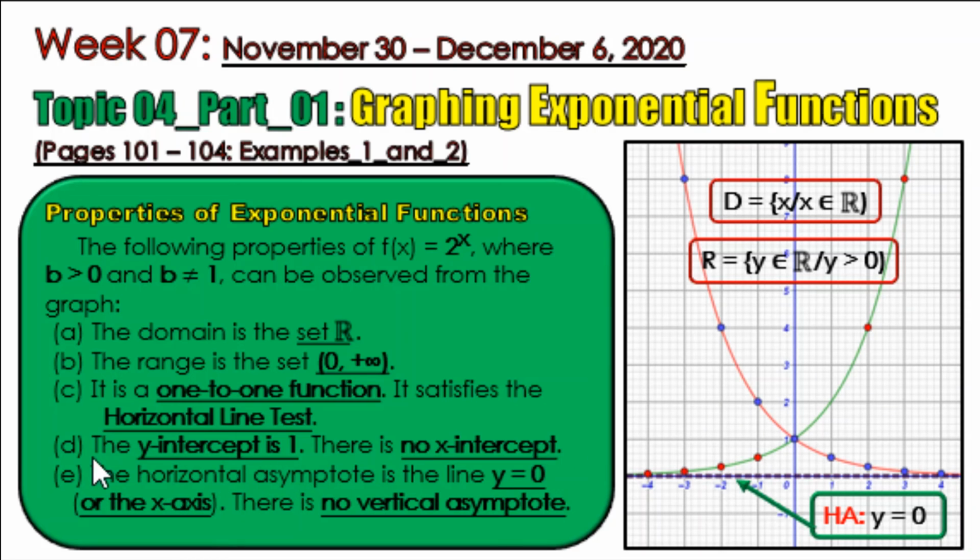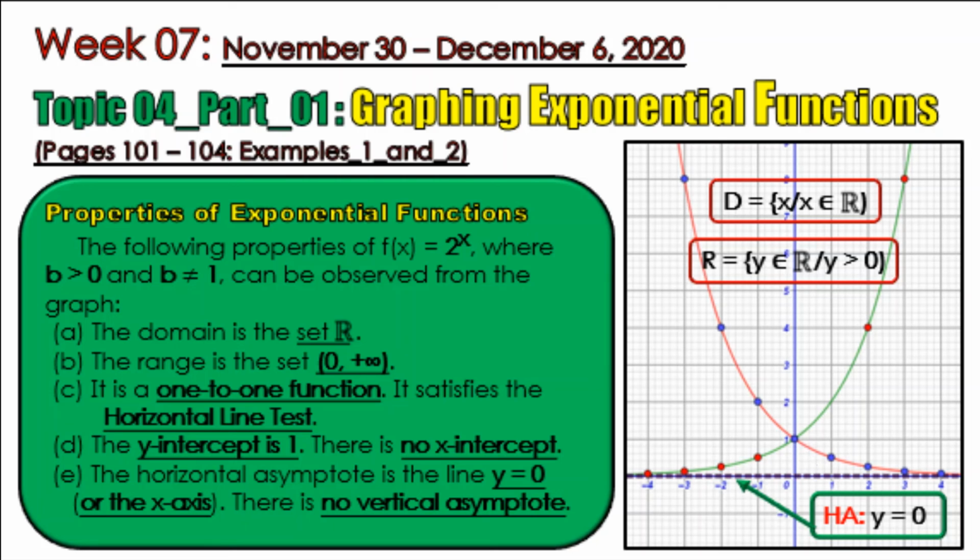Next, the y-intercept is 1. So this is the graph of f of x is equal to 2 raised to x, and this one is f of x is equal to 1/2 raised to x, and the y-intercept is 1. So both of the graphs intersect your y-axis at 0, 1, and the ordinate of this point is positive 1.